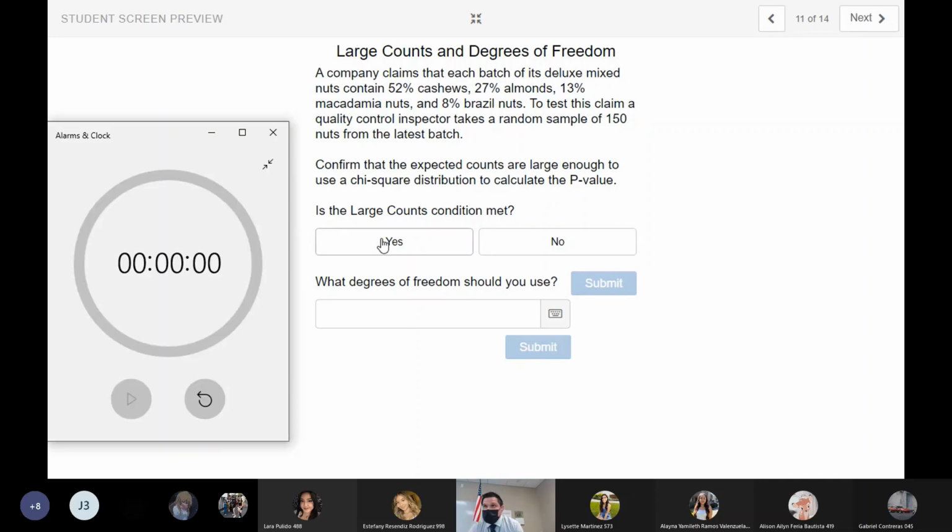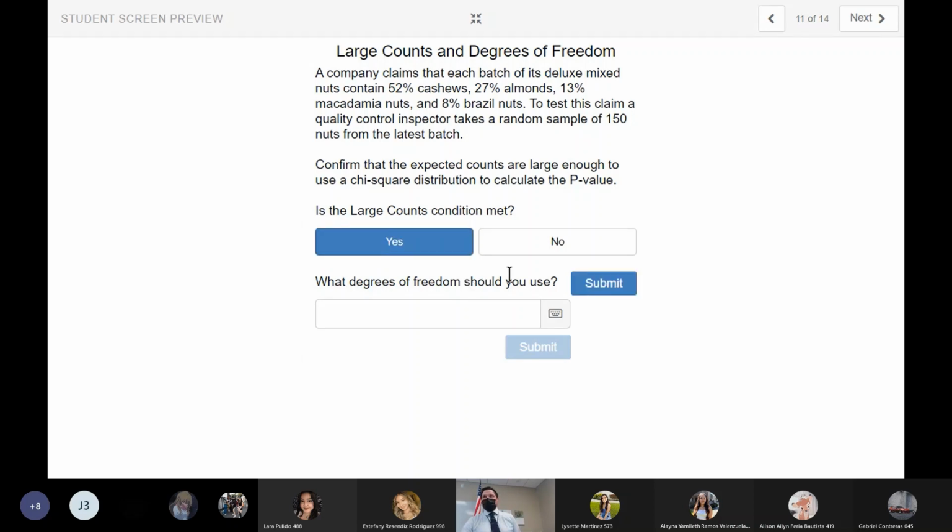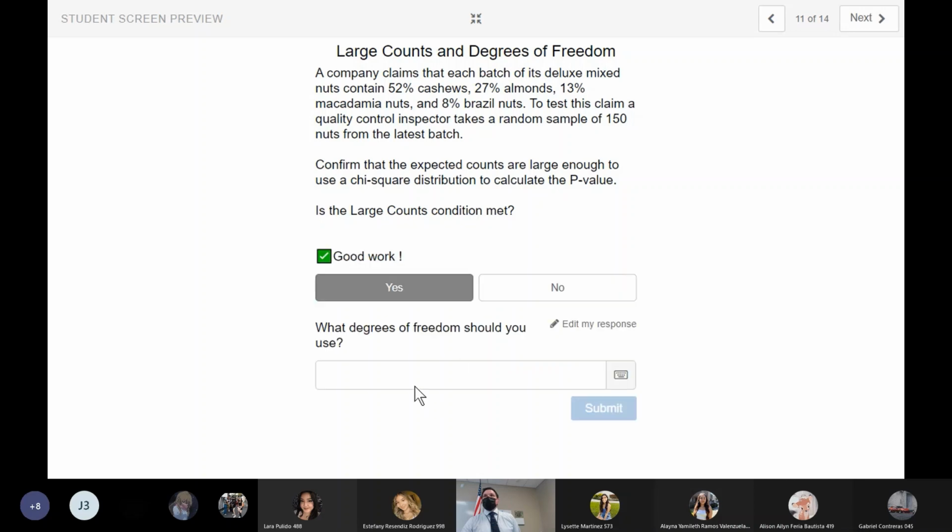Alrighty. So for this one, is the large counts condition met? Yes, it is. All of our expected counts are at least 5, so we're good on that. Degrees of freedom: we have 4 categories for our categorical variable of type of nut: almonds, cashews, macadamia, or Brazil.